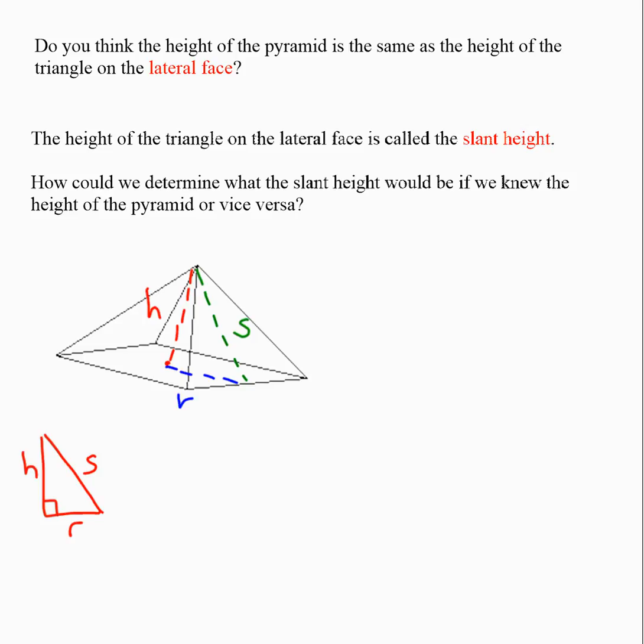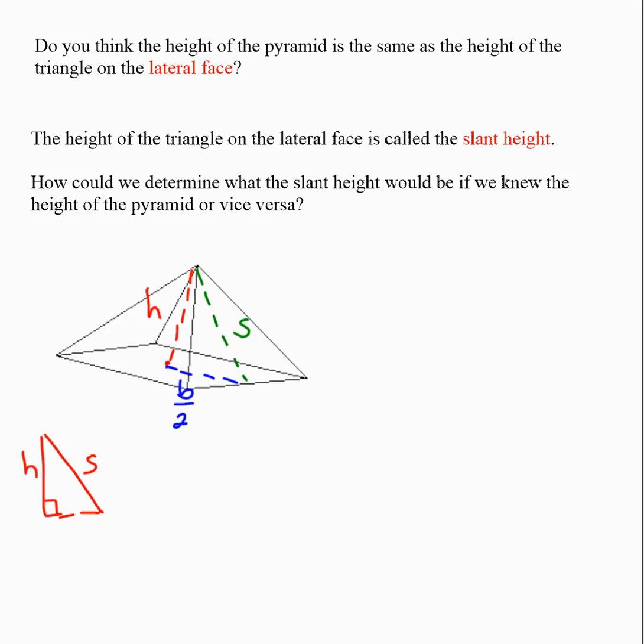So to work between the two, we can go back and forth. Now the part that's confusing is I've called it radius, but it's not actually a radius because this isn't circular. So I have to change this to something else. The blue is half the distance across the base, so this is actually the base divided by 2.